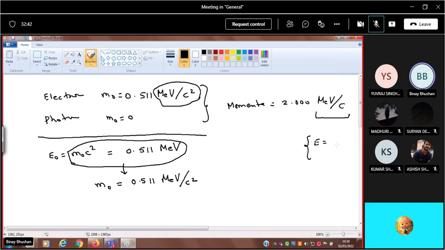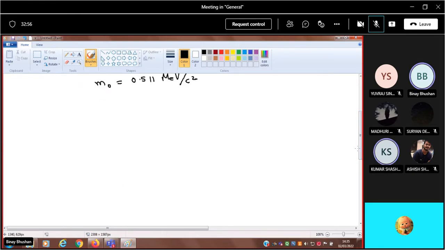No, E naught will be for a massless particle... what will be E naught? Sir, E naught is the rest mass energy. Revise the things, otherwise it will be difficult for you people.